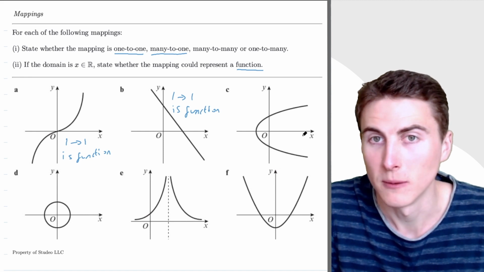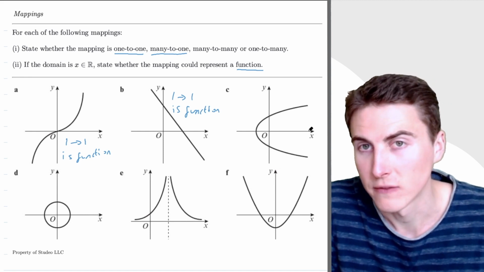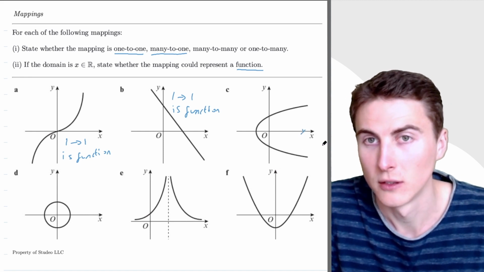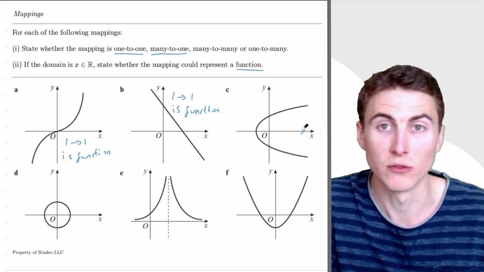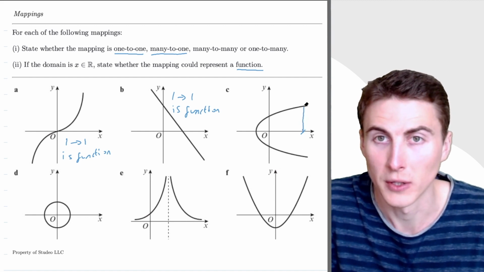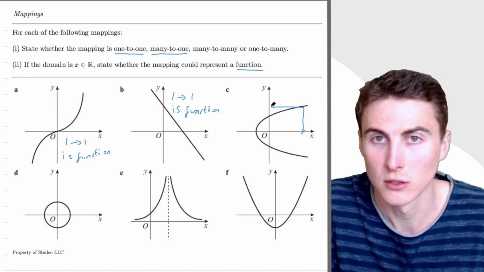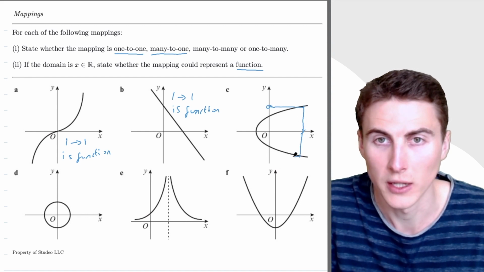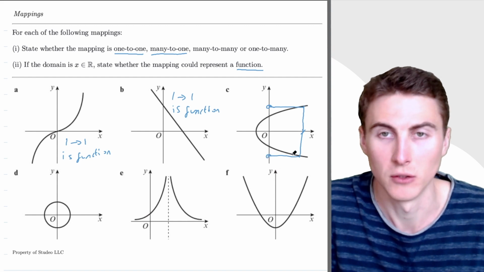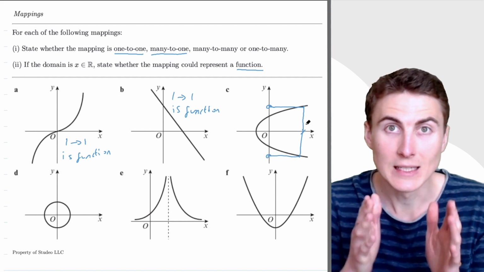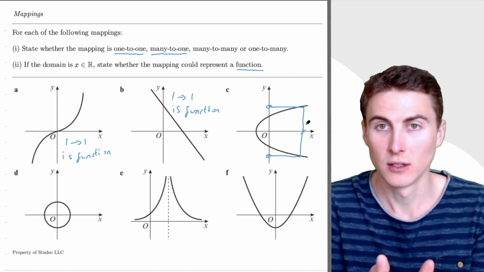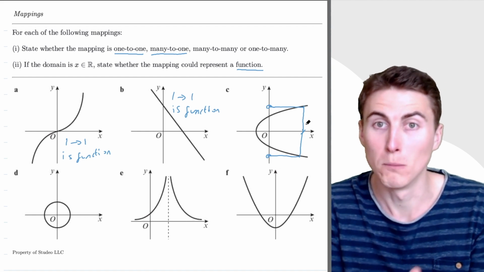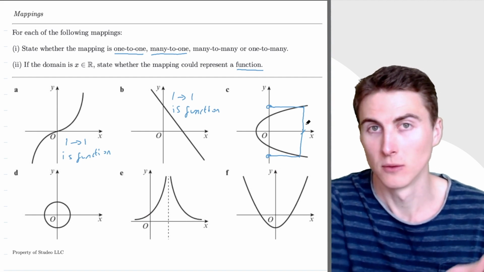This one though, here each x value, like if I pick this x value here, can correspond to two different y values. I could go up here and then draw a line across and get this y value, or I could go down and then go across and get this y value. So a single x value in the domain actually corresponds to multiple or many y values.